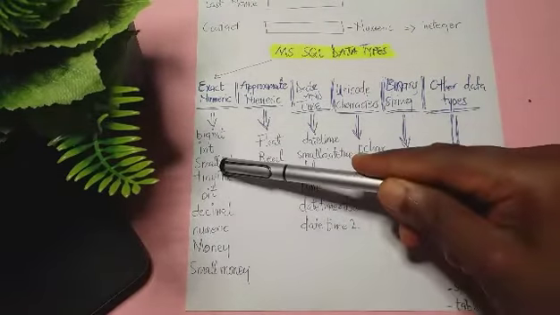We have bigint, meaning big integer, and we have int, also known as integer, smallint, tinyint, bit, decimal, numeric, money, and smallmoney. So these are the sub data types in the exact numeric data type. These are what we use in creating our tables in the database.